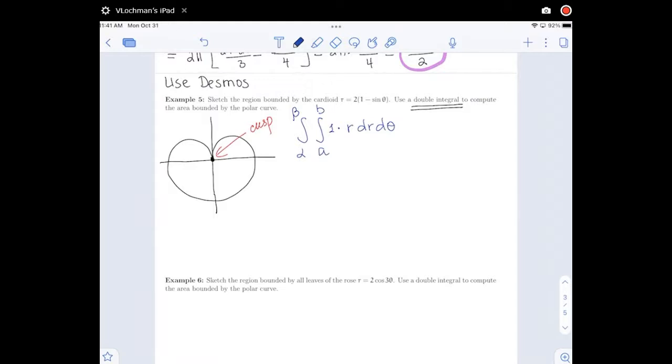So one way to think about it is you're computing the volume that's under Z is equal to 1 over this region of integration. But volume is also just the area of the region of integration times the height, if we're just integrating the volume under a plane. But what is the height? The height is 1. So it's equivalent to just computing the area.